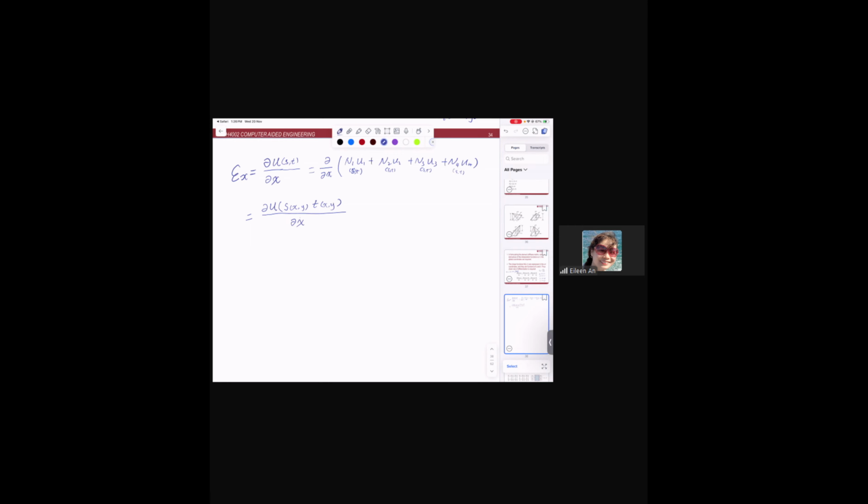Okay, recall what you have learned in mathematics. S and T are functions in terms of X and Y. When we do the differentiation calculation, we have this relationship, right?